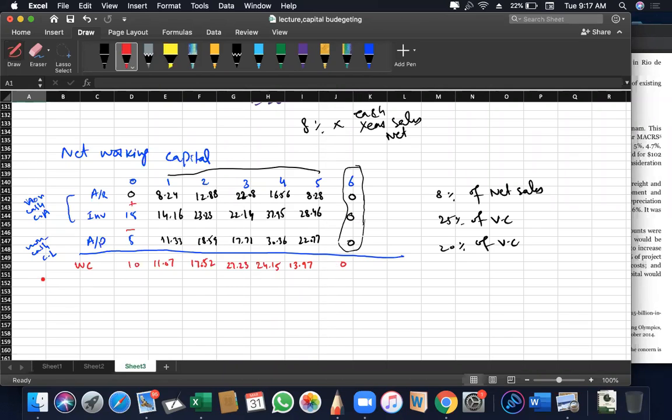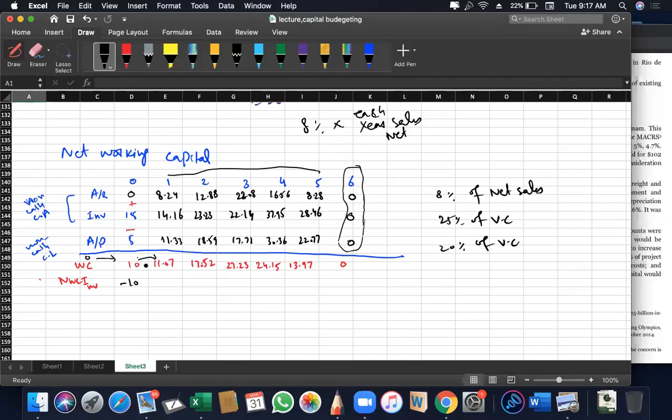So we need the change, that is net working capital investment. How do we get it? It's simple. You have to start from 0. Just suppose here it is 0. 0 minus 10, so here you get minus 10.